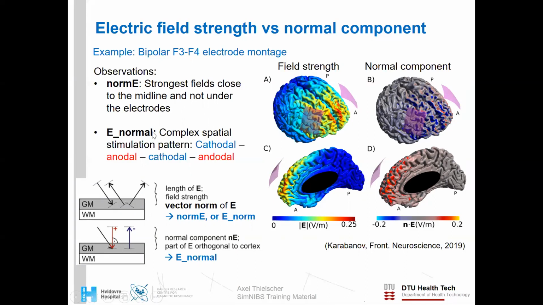When we look at the normal component, we see a quite interesting pattern, because we have a systematic outflow, inflow, outflow. So we would have a cathodal stimulation mostly under this electrode. Then, because the currents have to flow in this direction from here to here, we have an inflow of the currents here in the hemispheric cleft, as seen on the right hemisphere.